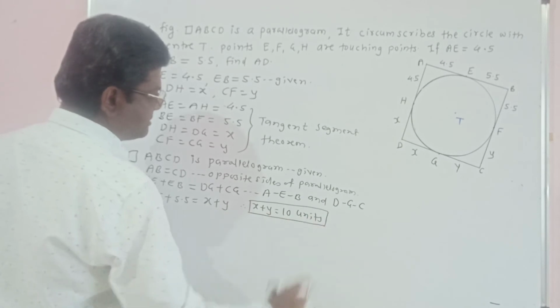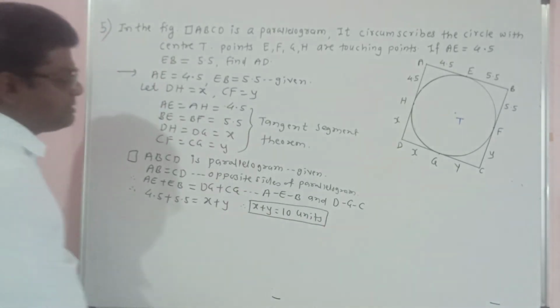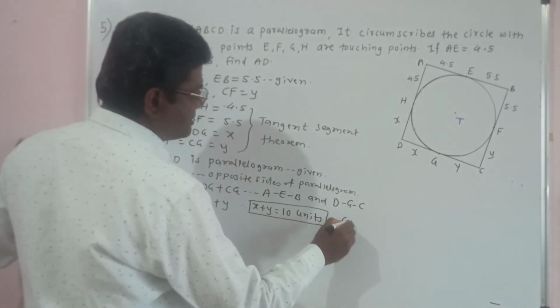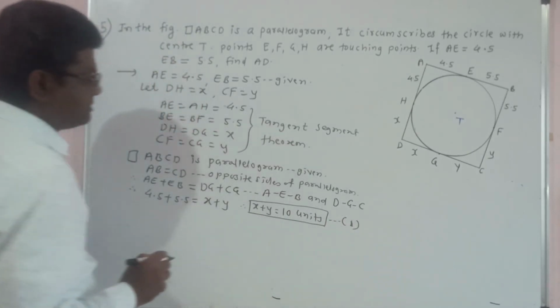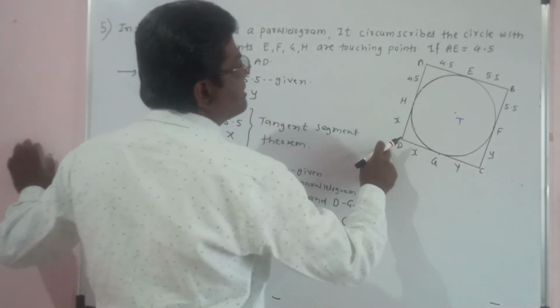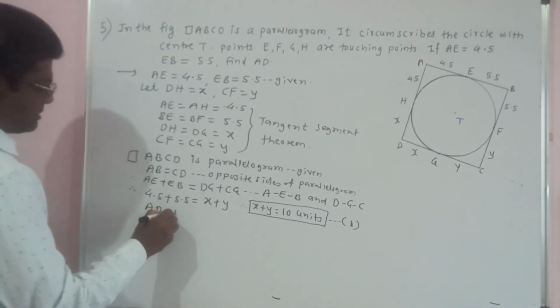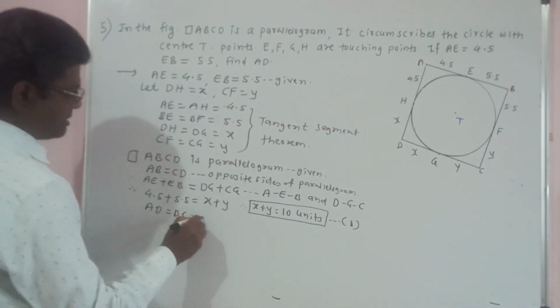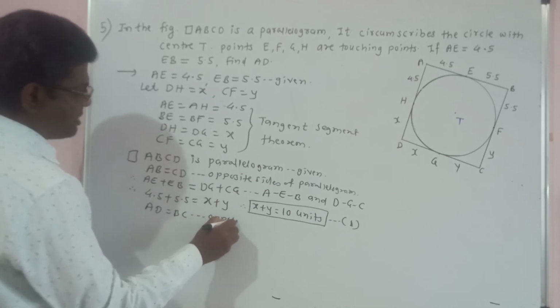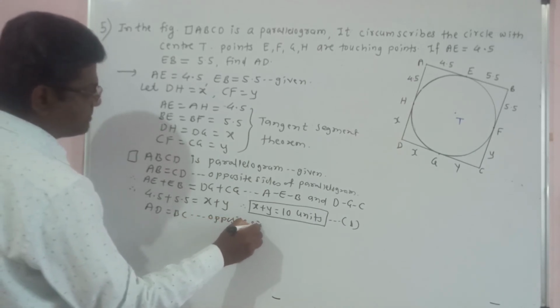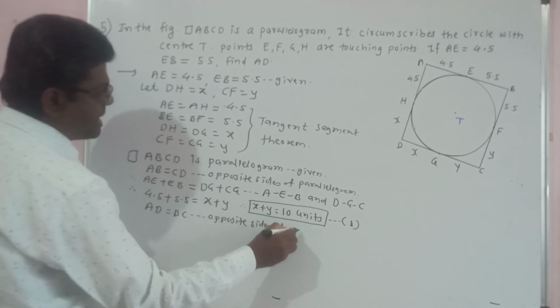Now we get one equation, X plus Y is equal to 10 units. This is equation number 1. Now AD is equal to BC. Opposite sides of a parallelogram.